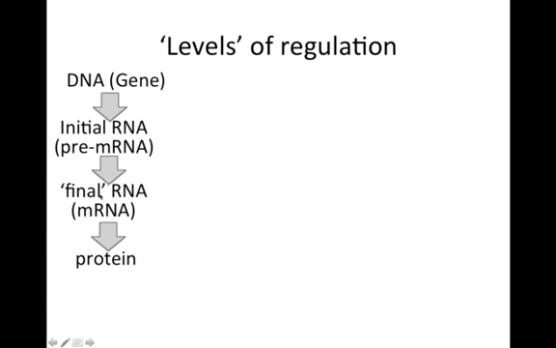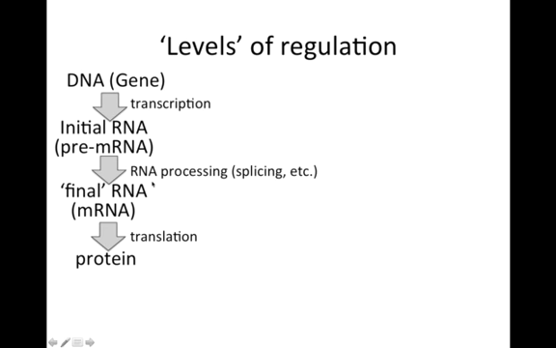It's also possible to regulate the level at which an RNA is translated into protein, so that would be regulating at this level. And then finally, we can regulate, for a mature protein, its fate. So we can call these different levels. This is the level of transcription, level of translation, and here we have splicing, as we said.